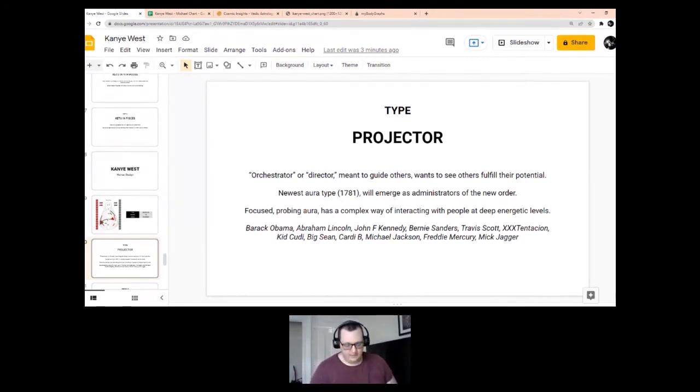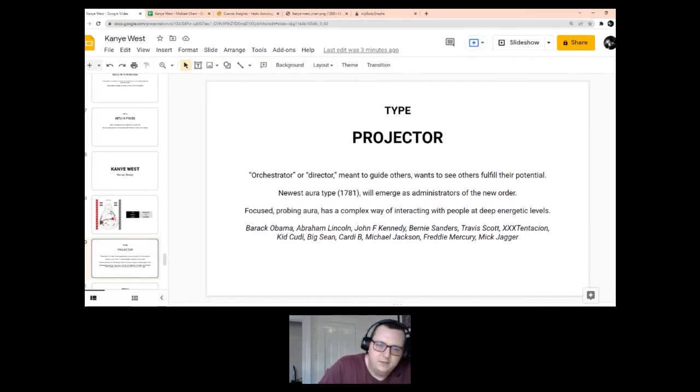It's the newest aura type out of all of them. It showed up in 1781. They're considered the new administrators of the new order. So basically we had a lot of manifestors as leaders and generators.